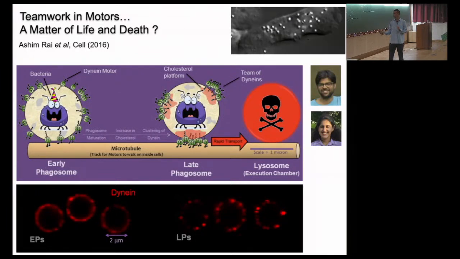Here, the dynein appears in this kind of tight puncta. Along with this difference of dynein, what we also saw, I'm not showing you here, is that the amount of cholesterol on the membrane of this phagosome increases when you go from early to the late stage. So these guys have much more cholesterol than these guys, okay?